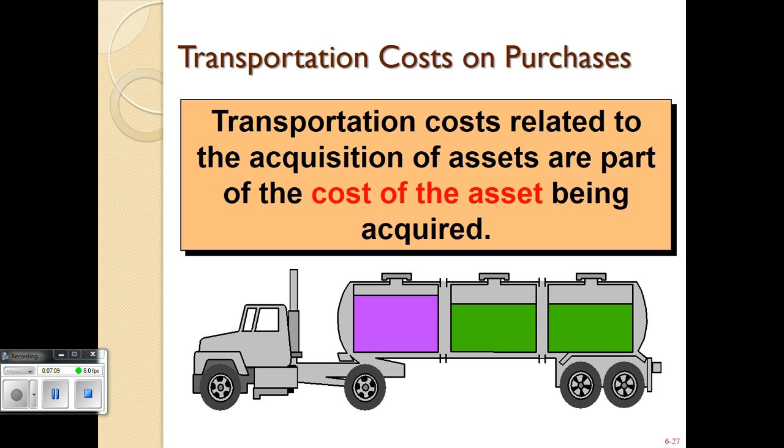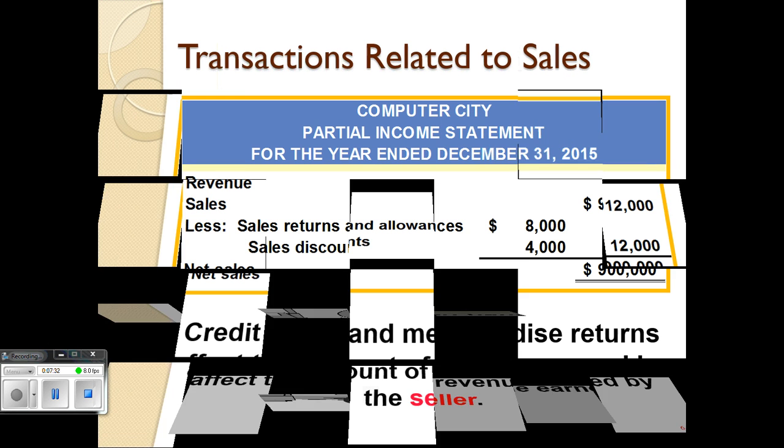So if I pay for the goods to come into my store, transportation in gets called cost of goods sold. If I pay to deliver, then it's going to be a sales expense and not be included in cost of goods sold, but be included as a sales expense under gross profit. And be included like salaries expense or utilities expense, what have you.